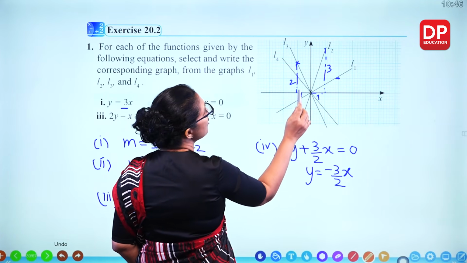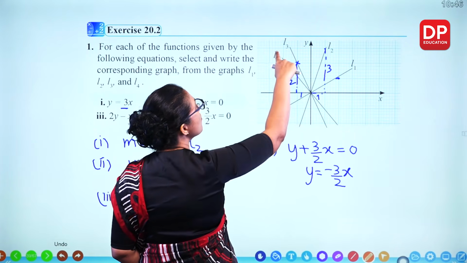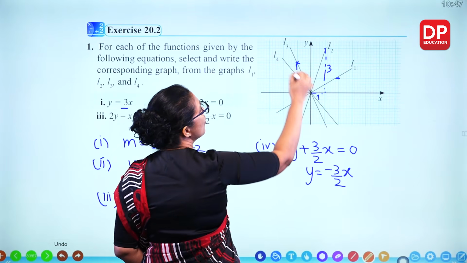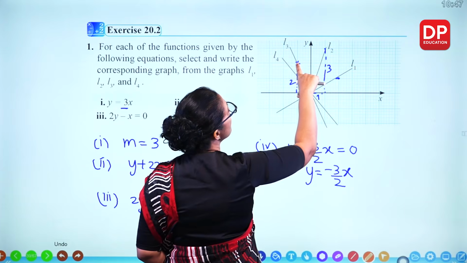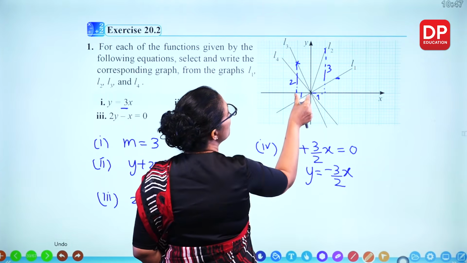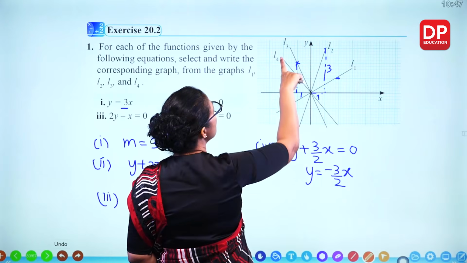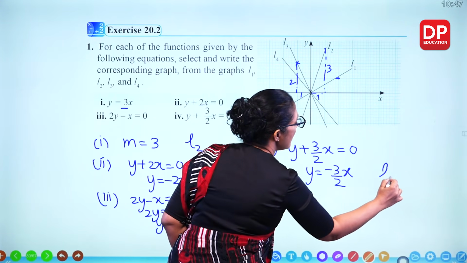These are not accurately drawn. So 2 squares with more than 2, we'll take L4. Because this one is exactly 2 with 2, 1 with 2, and with 2 you need to get 3 here. But this is okay. We can take it as L4.